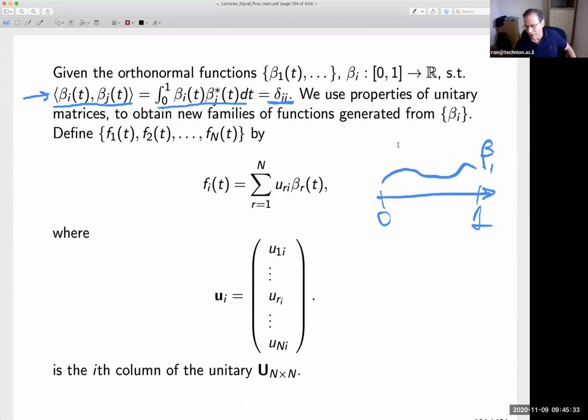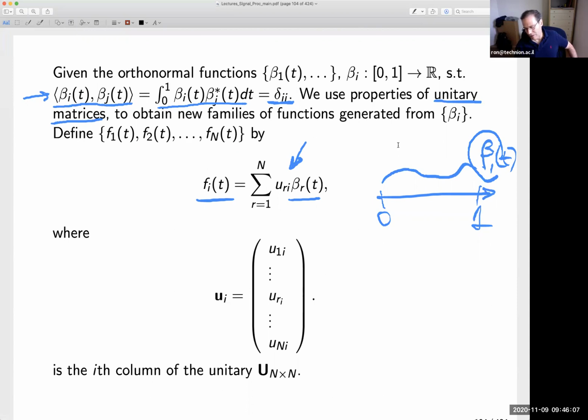Okay, now what we would like to do is use the properties of the unitary matrix, of any unitary matrix, in order to combine these betas, this family of functions beta, into a new family of functions. We'll call it F. And how do we do that? We do that by multiplying the betas by the entries of the unitary matrix, which we call U, with indices r and i. Call it a linear combination, call it whatever you like.